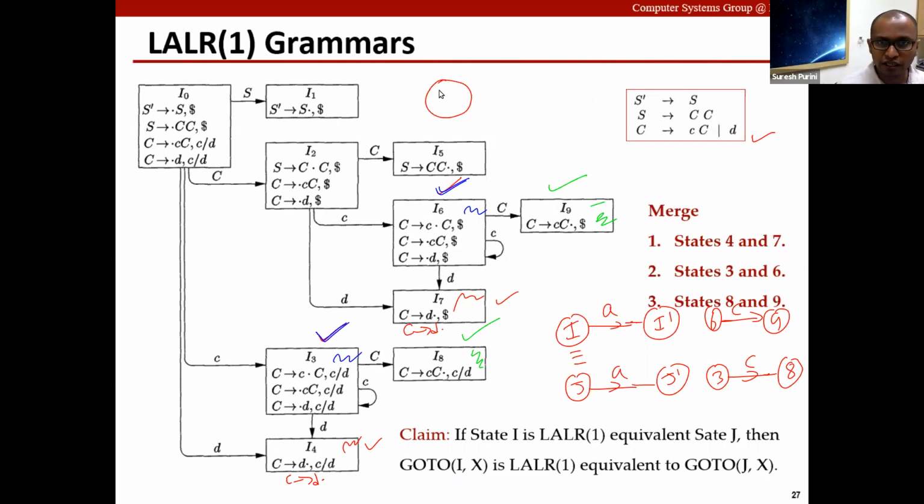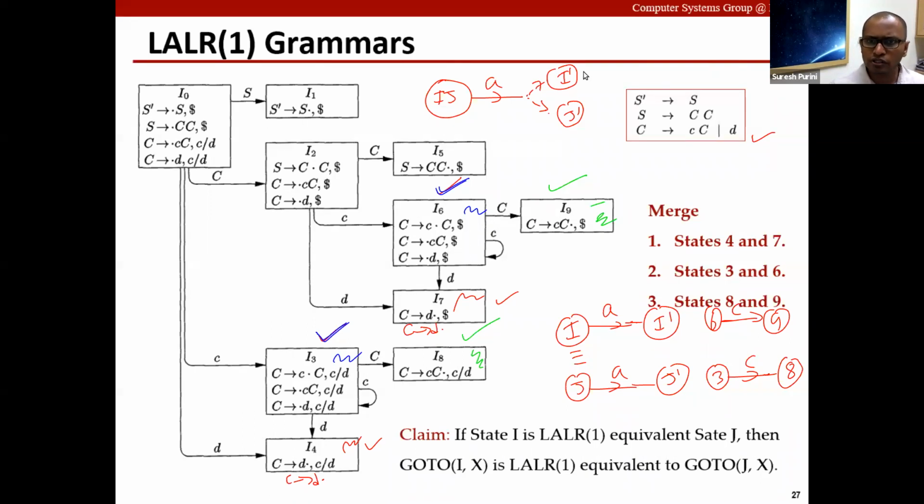Let's say we merged them, and IJ is the merged state. On looking at A in the merged LR1 automaton, there is a problem. There are two possibilities: whether we should be going to I prime or to J prime. Because in the original LR1 automaton, when we are in state I and we see A, we go to state I prime, and when we are in state J and we see the symbol A, we go to J prime.